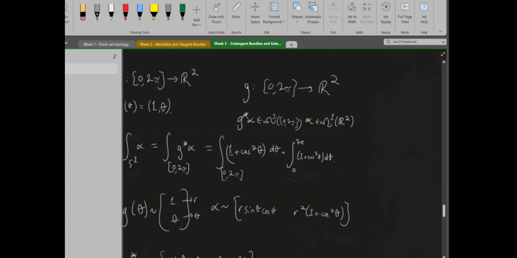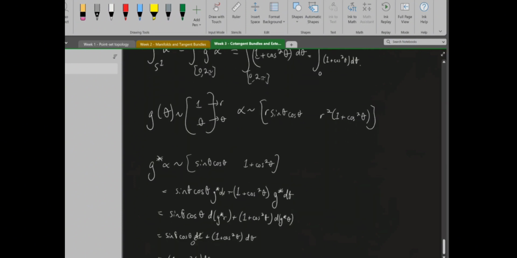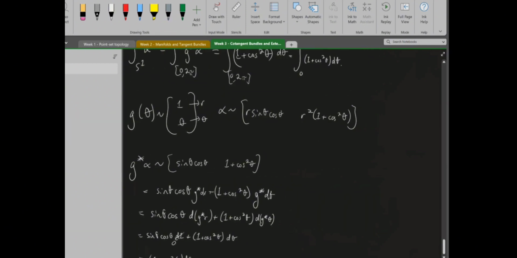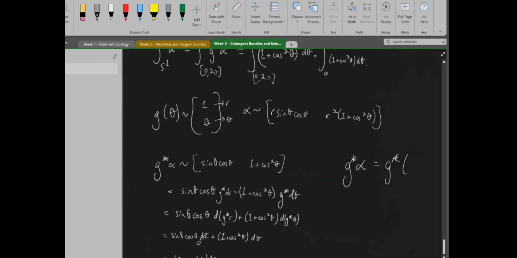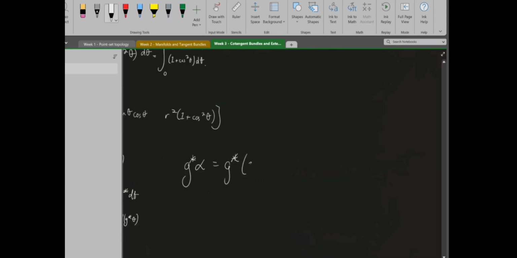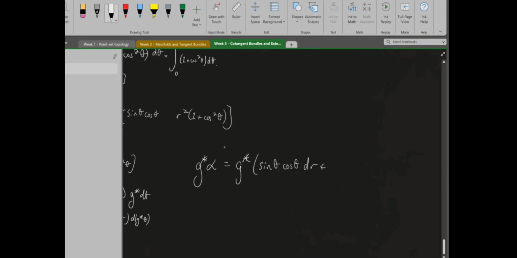So this integral is easier to do in polar coordinates, and you would expect so because you're holding the radius constant. But if I had just alpha, and I wanted to do the pullback of alpha by g, I could write g star and then write what alpha is: sine theta cosine theta dr plus 1 plus cosine squared theta d theta.